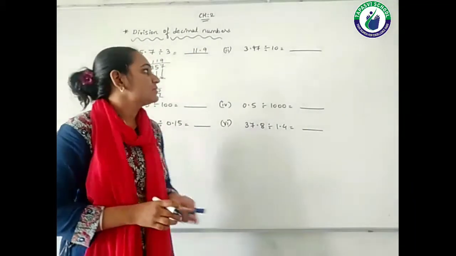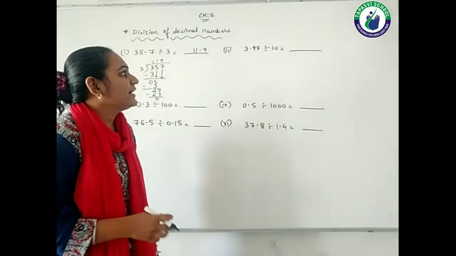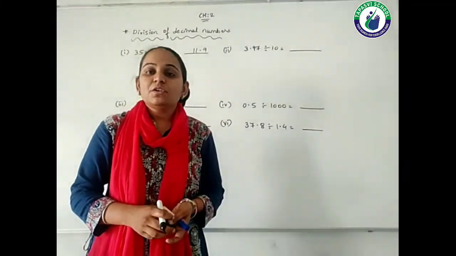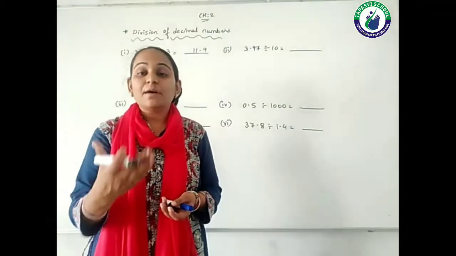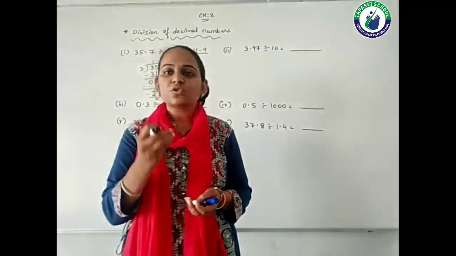Now see the next question. 3.97 divided by 10. Whenever you need to divide by 10, by 100 or by 1000, there is a very short trick.